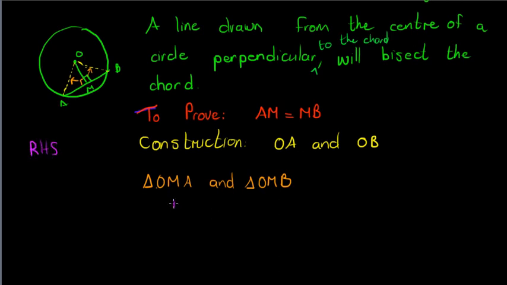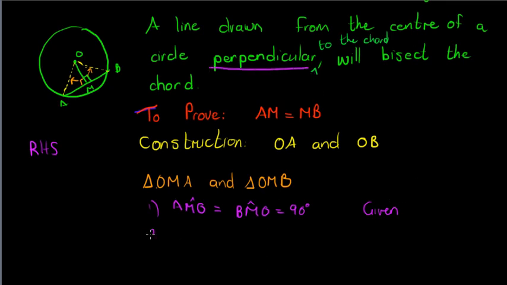So first of all, we say that angle AMO is equal to angle BMO is equal to 90 degrees. That is given. We were told that it is perpendicular.